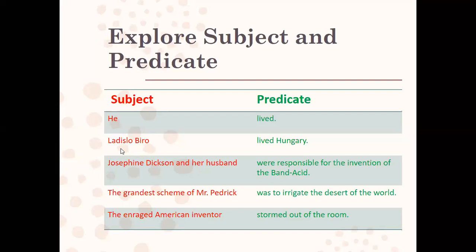Ladislaw Barrow is the subject, and lived in Hungary is the predicate. This predicate is telling you about the subject. Anybody else who wants to participate? Just start reading the third sentence.